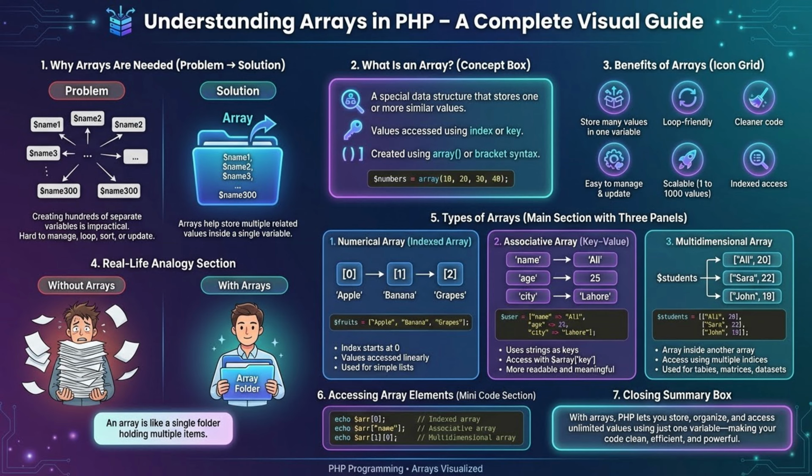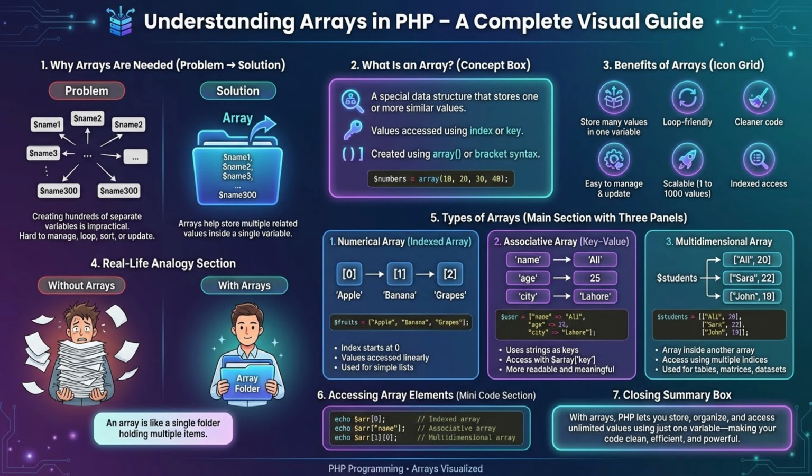Without arrays, storing large amounts of related data requires creating hundreds of individual variables, such as name1, name2, name3, and so on. This becomes impractical, hard to manage, and impossible to maintain or loop through efficiently. The solution is the array, a special structure that allows you to store unlimited values inside a single variable, keeping your code organized, scalable, and easy to update.